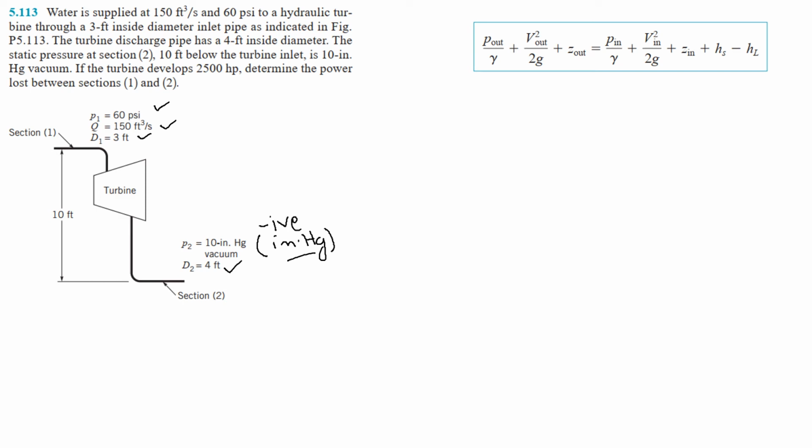If the turbine develops 2500 horsepower, determine the power lost between section 1 and section 2. So we are going to find the power lost when the water comes from section 1, strikes the turbine, and then moves on to section 2. The total height between section 1 and section 2 is given as 10 feet.